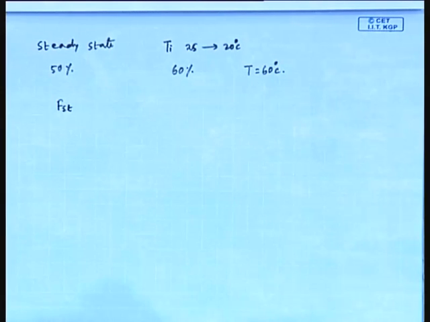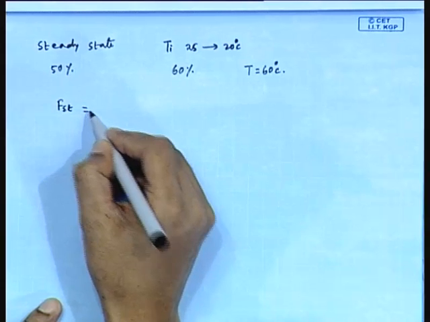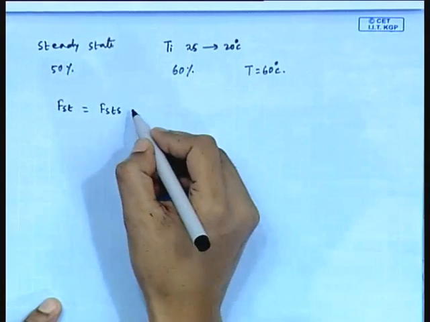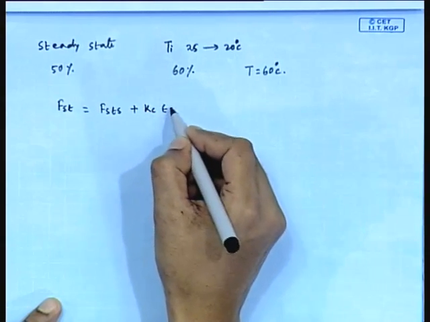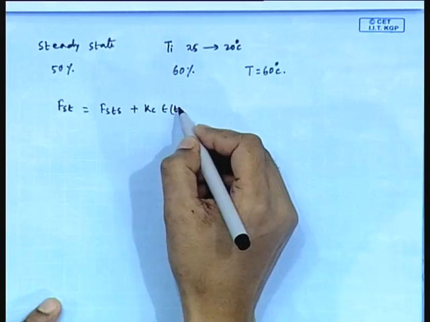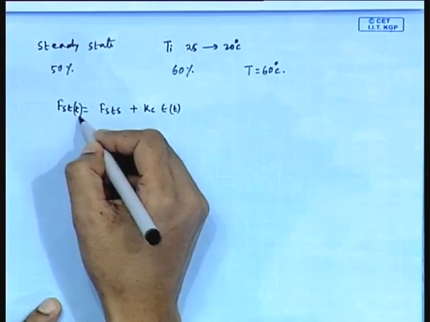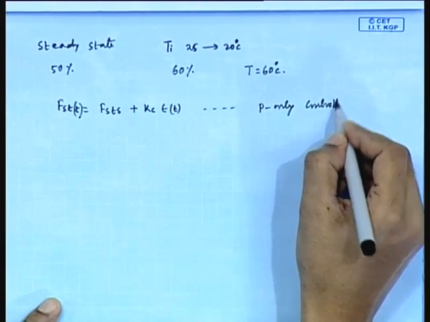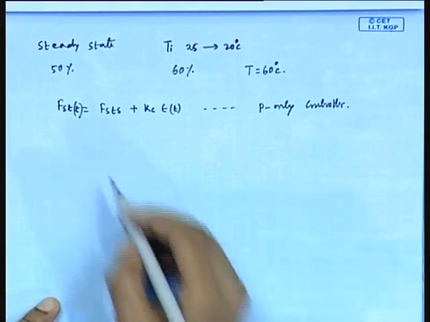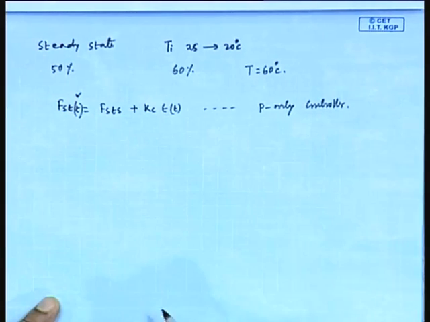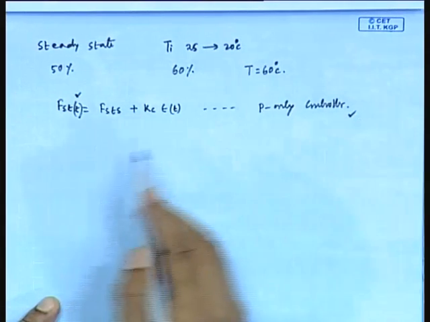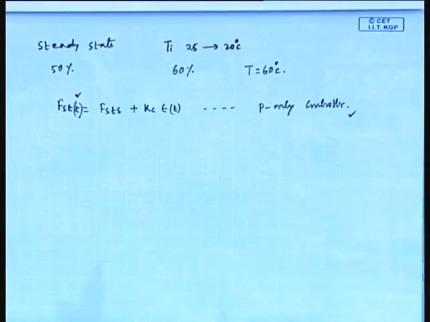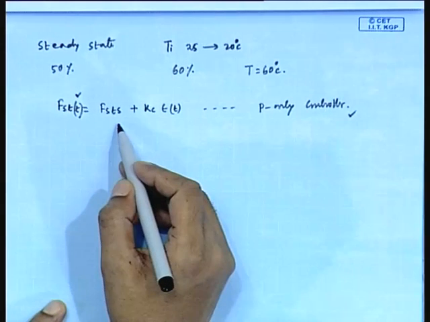If we consider P only controller, then we can write FST equals FSTS plus Kc epsilon T. What is FSTS?